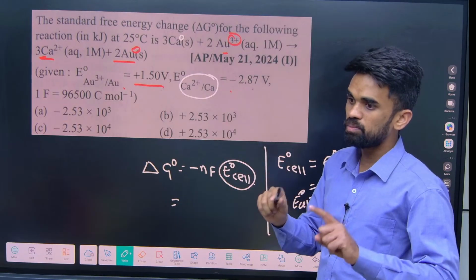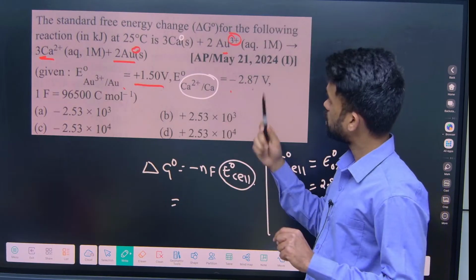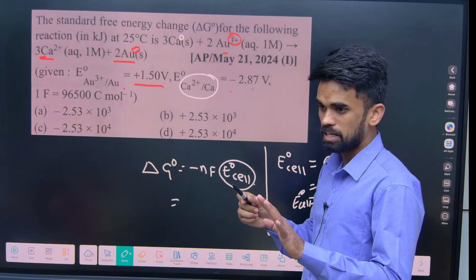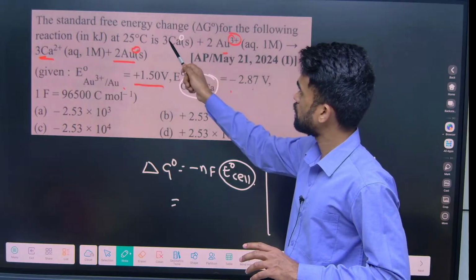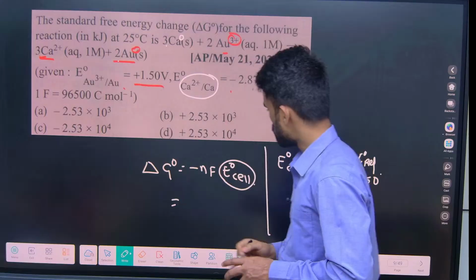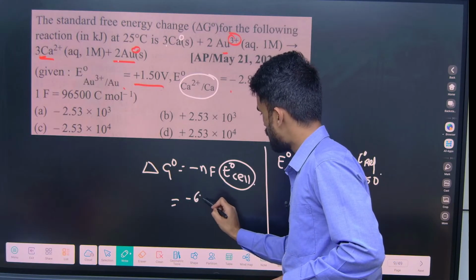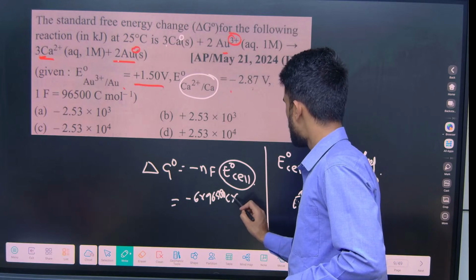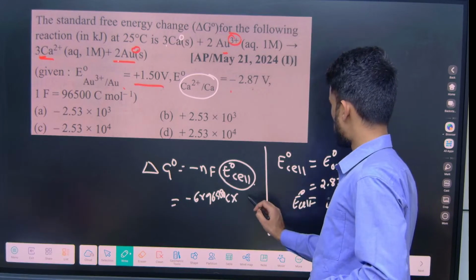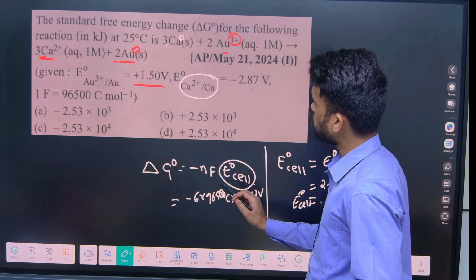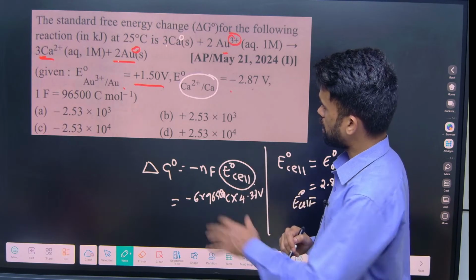No. You need to equalize them, so 2 into 3 or 3 into 2. So total electrons involved is 6. So the n value is 6, F is 96500 coulombs, and the potential is 4.37 volt.